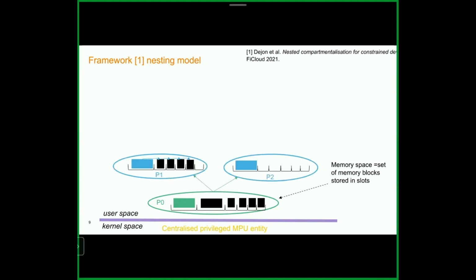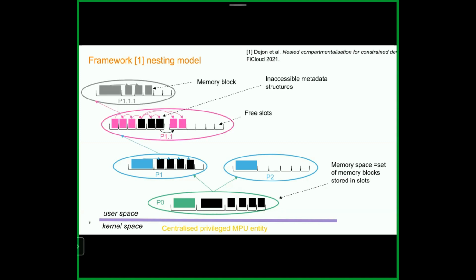And then we have an interface to create subdomains out of the initial domain. So from P0, we can create P1 and P2. P1 gets its own memory from P0. And then you can also see the blue arrows. That means that we can cut some memory blocks to fine-grain the isolation, and we can do it recursively.